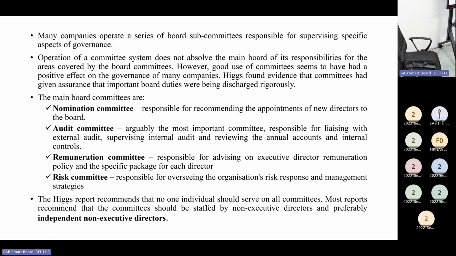Otherwise, what these committees are doing needs to be taken up by the main board. Then මේ committees වල කරන මේ task ටික needs to be taken over by the board, and the board doesn't have time to look after these important areas. That is why you have subcommittees.